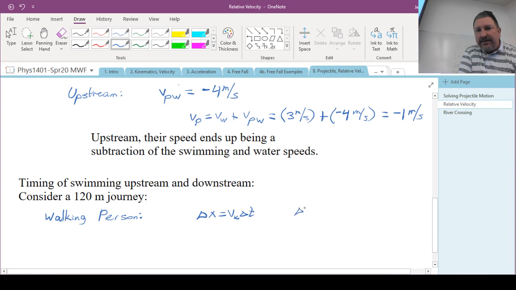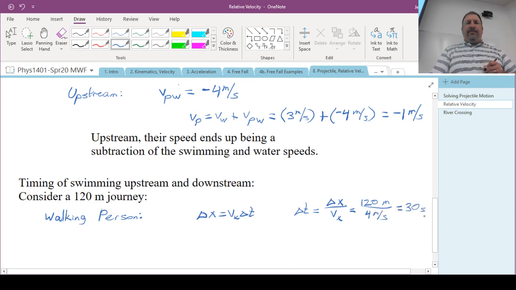So delta t is equal to delta x over Vx, which is 120 meters over 4 meters per second, equal to 30 seconds. So that's the kind of calculation we did on the first or second day of class.